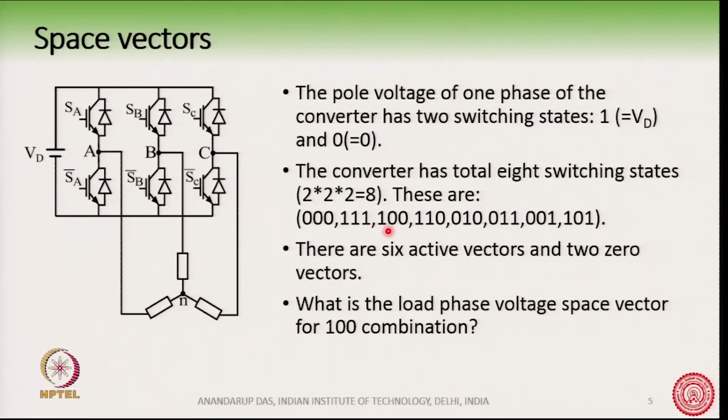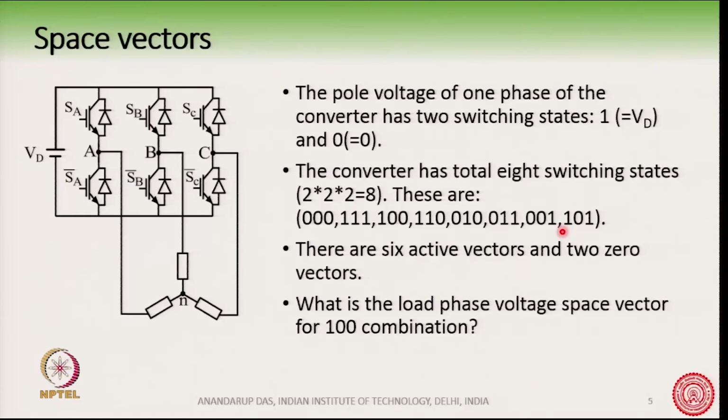So, this switching state 1 0 0 will happen when the upper switch, that is SA in phase A, is turned on, while SB bar and SC bar, the lower two switches in B and C phases, are turned on, and we get this 1 0 0 switching state.